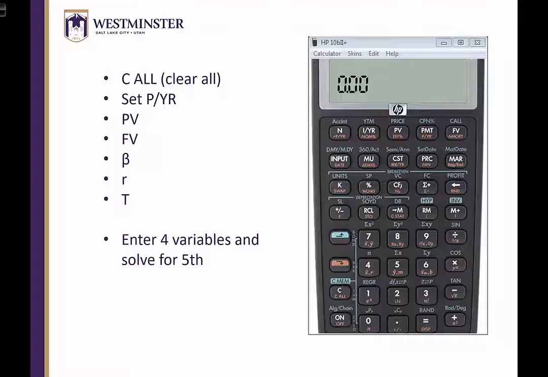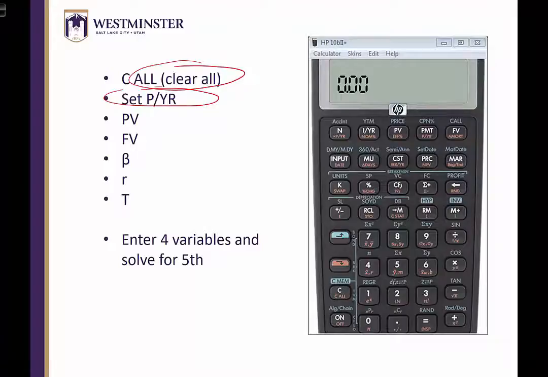And I do that by, again, hitting the red secondary key and then red P/YR and then 12 if it's monthly, or 1 if it's annual, or 2 if it's semi-annual, etc. So I first have to go ahead and clear the calculator. I then set the periods per year, and now I can start to use some of the different keys to help me solve the equation.